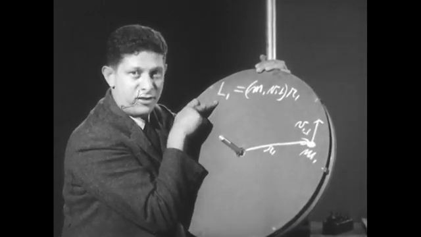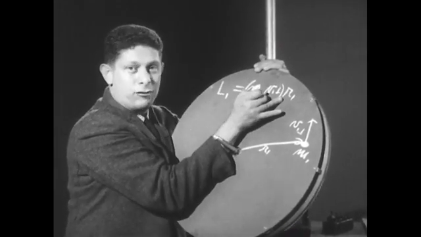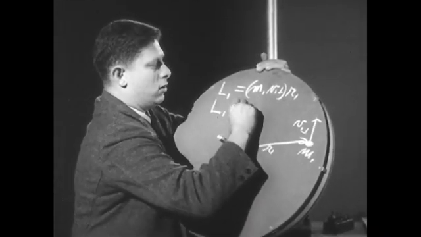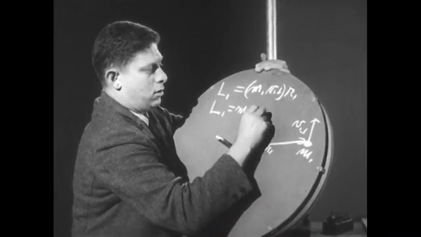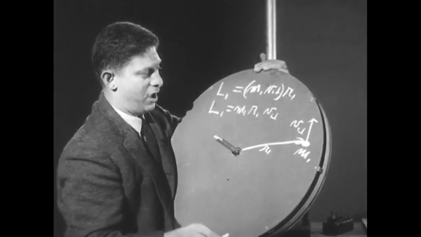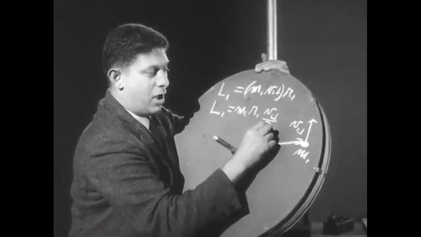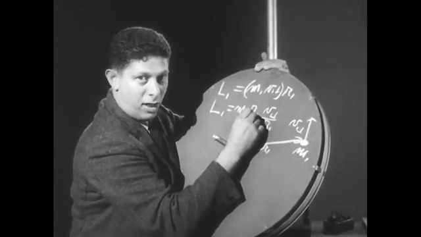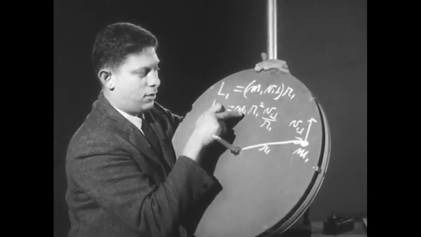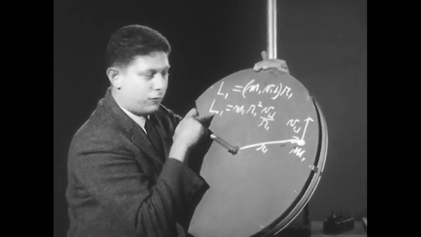We can also express this angular momentum of the particle in angular language. But to do that, I'll have to rearrange these two factors. Writing this again, L1 is equal to m1 r1 v1 perpendicular, the same expression as we had before. And now if I divide v1 by r1, and of course multiply by r1 to keep this expression the same, getting an r1 squared, this expression for the angular momentum breaks into two factors very naturally.